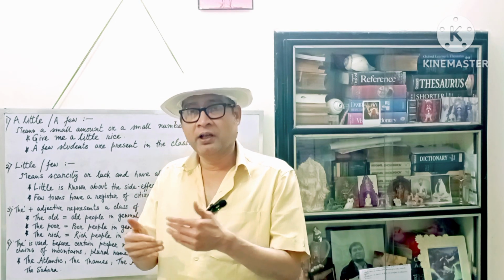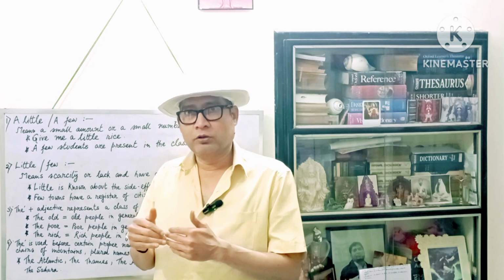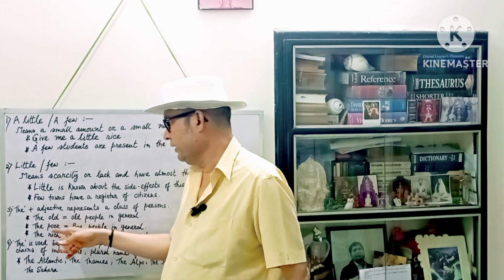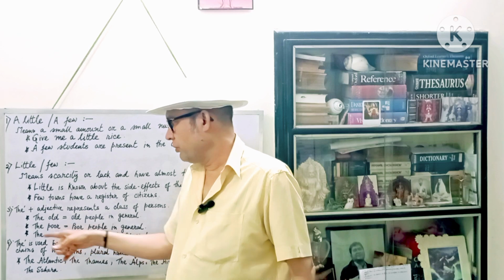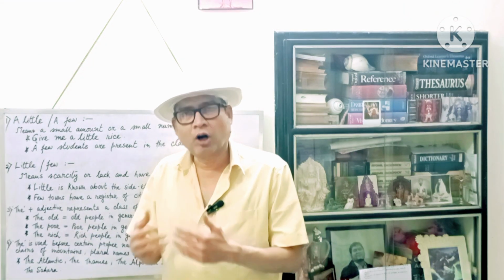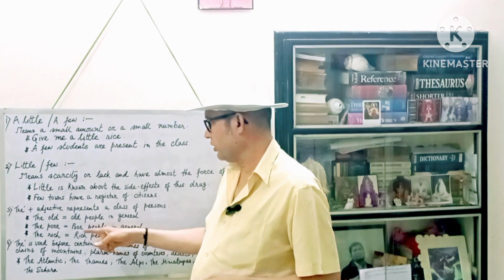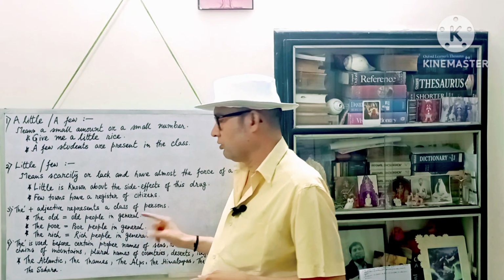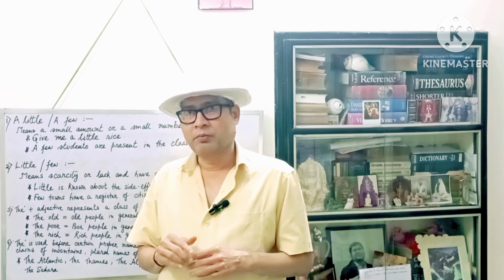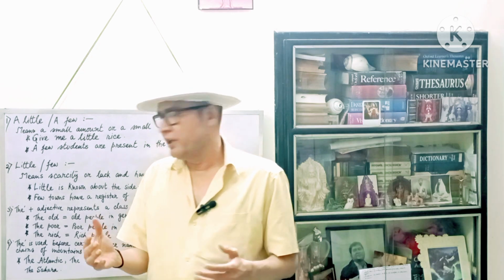But we are not using the noun after old. In the same way, poor is an adjective. Before that, the is used. The poor means poor people in general. You are not mentioning a particular poor person, but poor people in general.